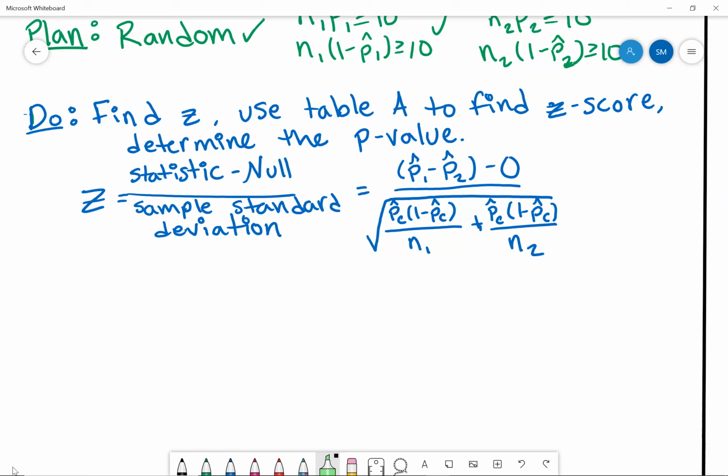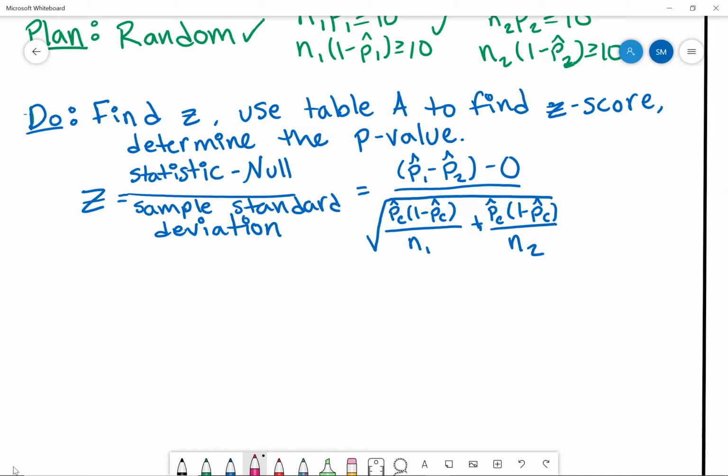It's also good in case the null is ever for some reason not 0. It's good to know that that's what the 0 represents. If you leave off the 0, you're going to get to the point where you're like, what's supposed to go here? You're not going to get the problem wrong if you don't write the minus 0, but you should.